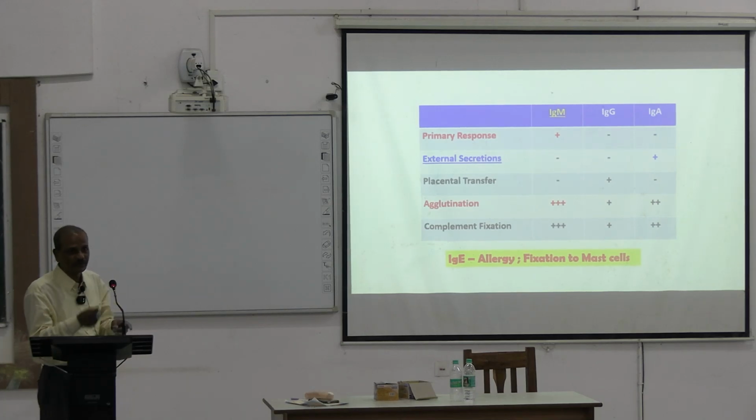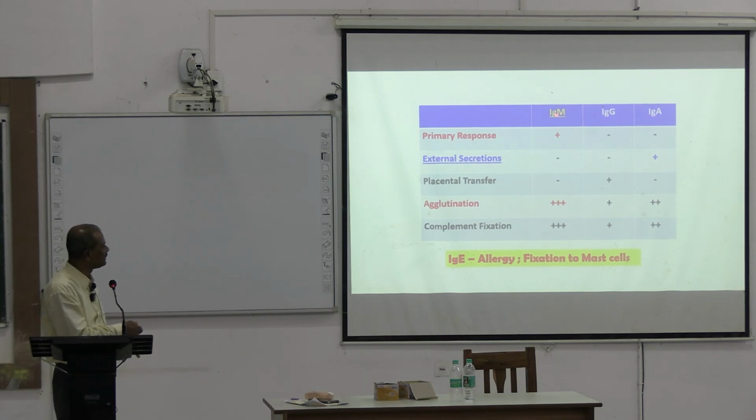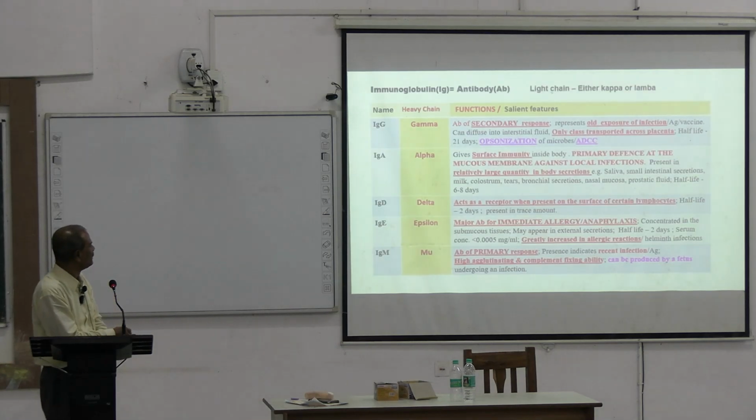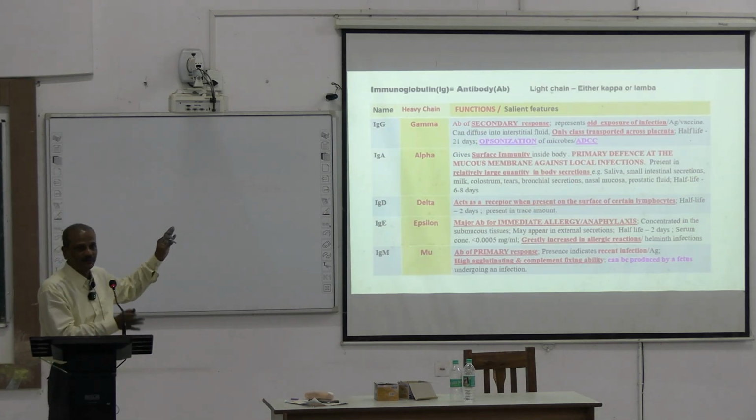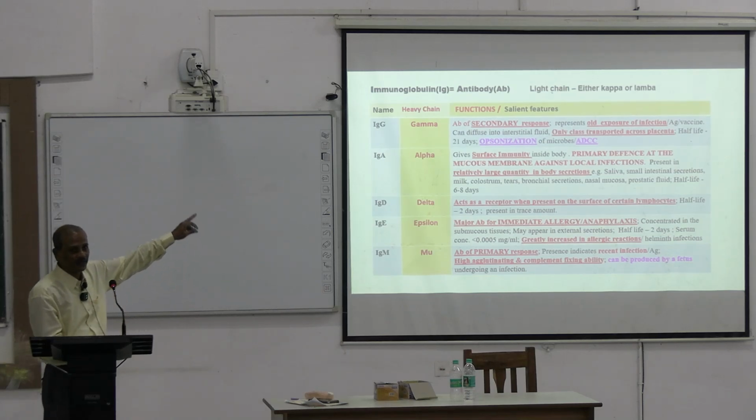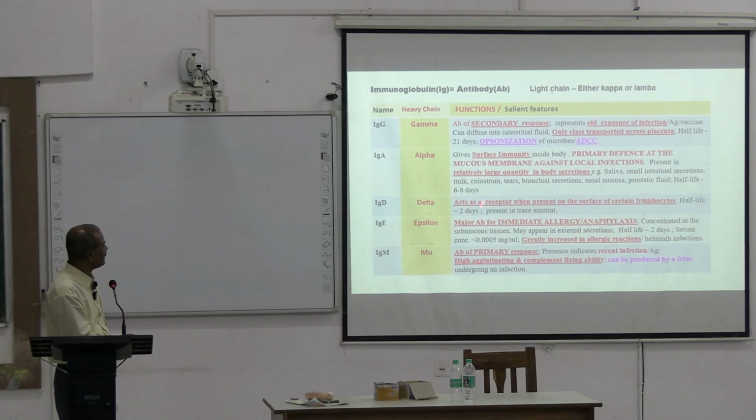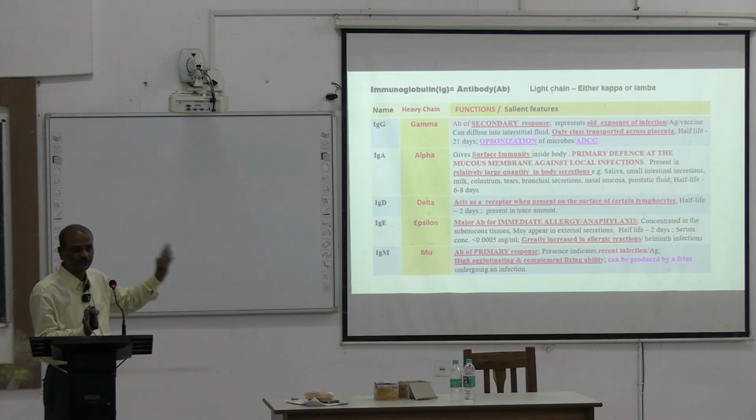Mother confers immunity through IgG, and complement fixation is very high with IgM. IgG also causes complement fixation. So this chart is available in your book. You just read it. I have only highlighted the points. I have already explained. Only thing is that you have to memorize all the points.